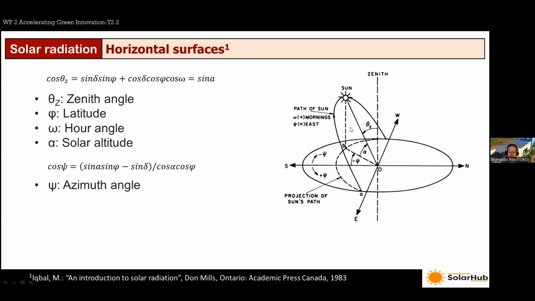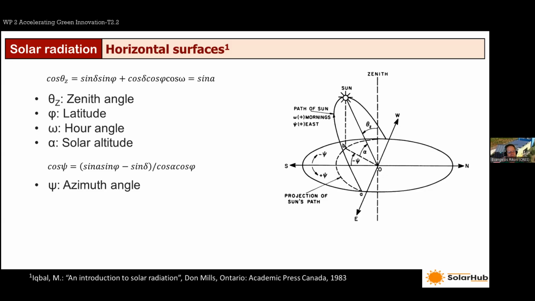In any case, this is given by a rather simple formula. First of all, we have to define some physical quantities here, including the zenith angle, which is the declination from the vertical from the location we are. It's this angle here. There is also this solar altitude, which is equal to 90 degrees minus the zenith angle, to be more precise. There is, of course, this hour angle, which is based on the local apparent time I mentioned earlier.